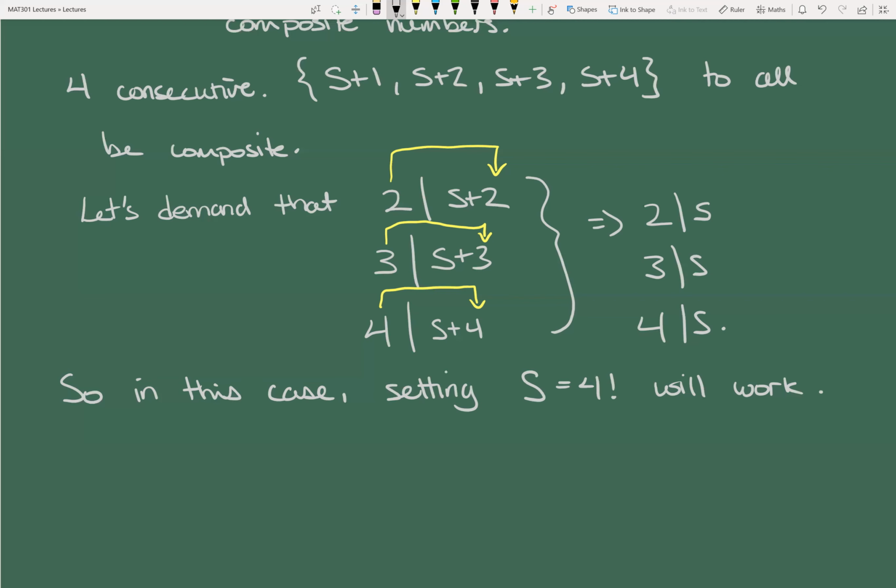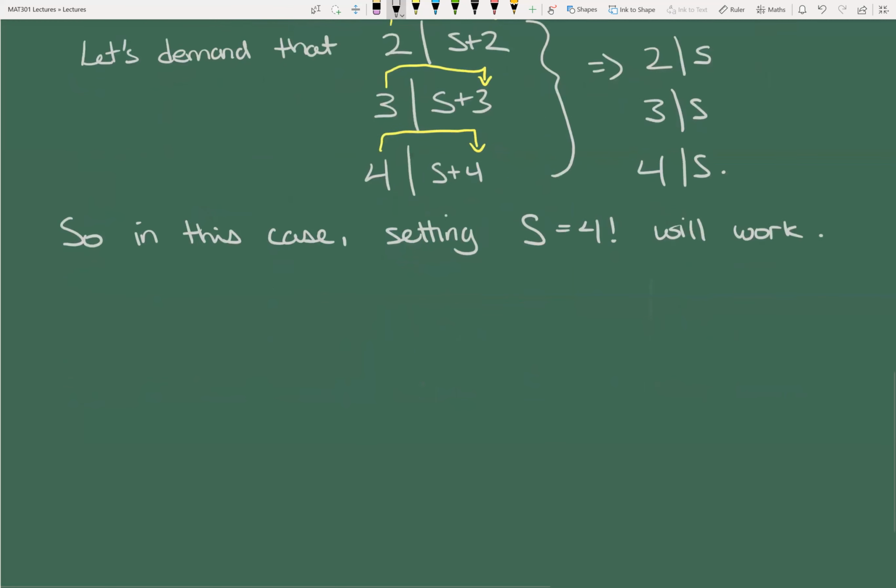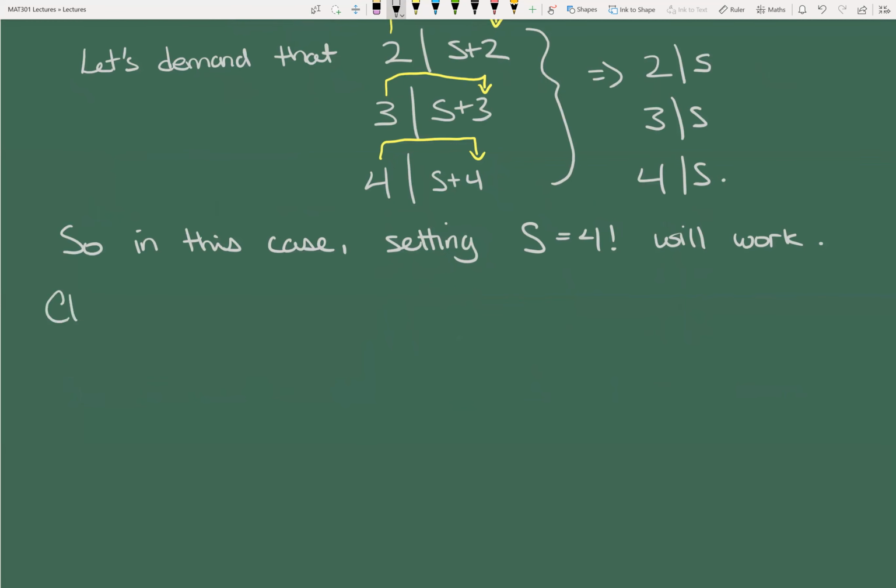And the easiest way to do that is to set it to be n factorial, right? So the claim is that the set n factorial plus k, where k goes from 1 to n, are all composite.